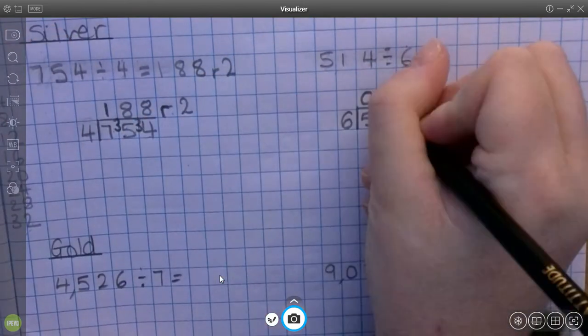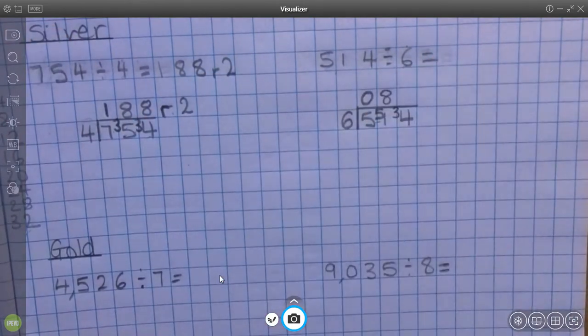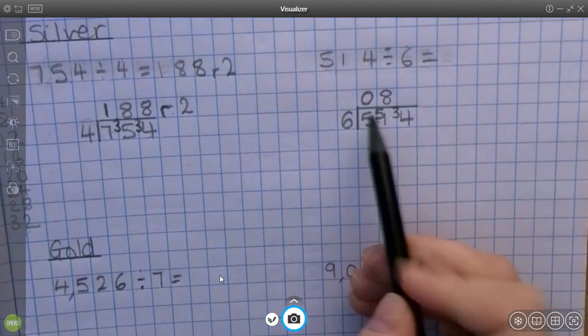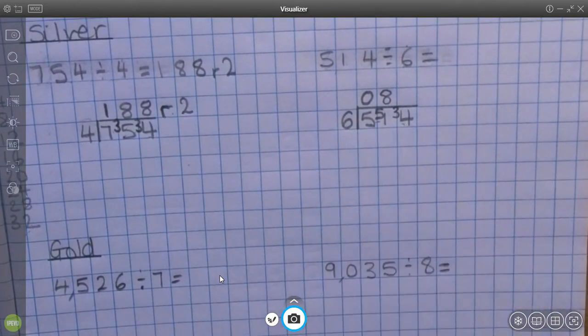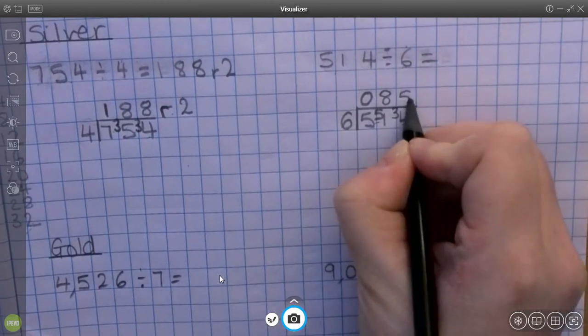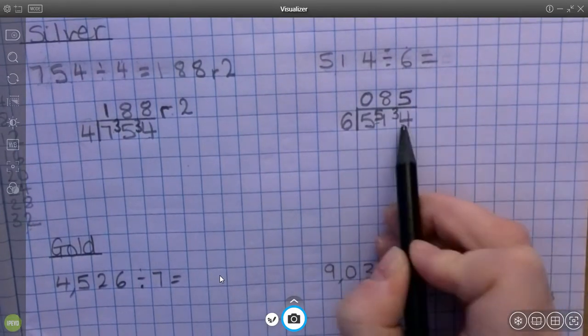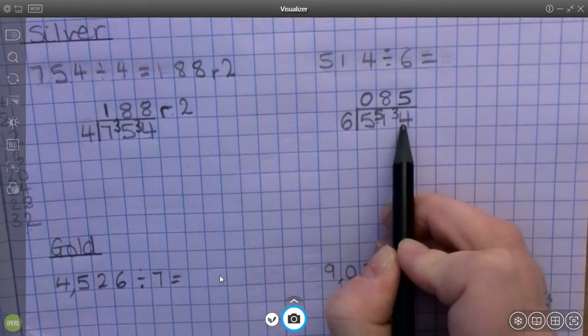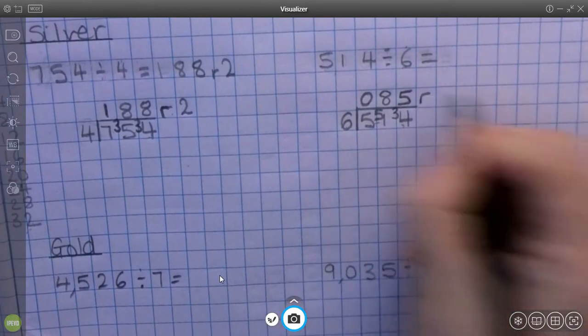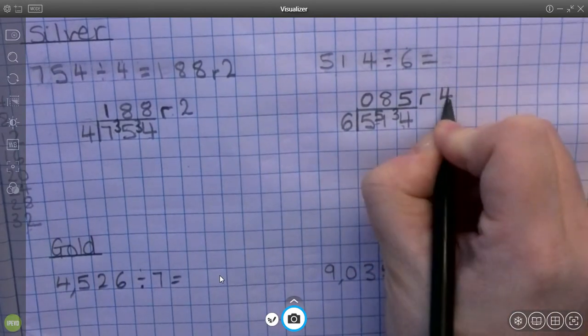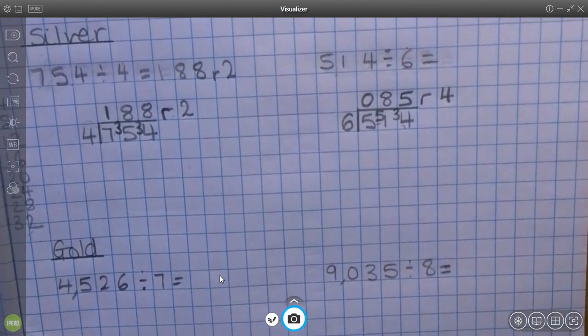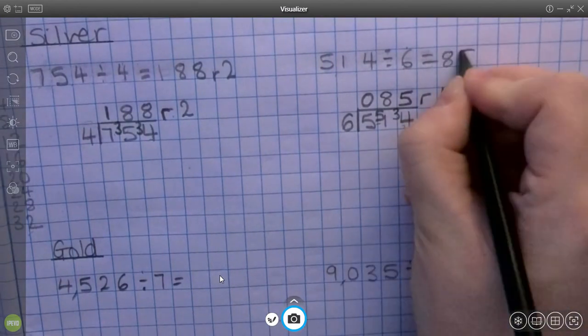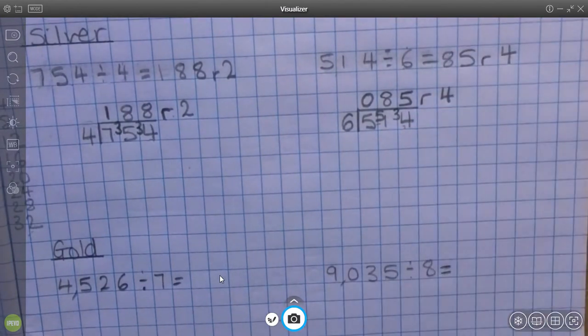I've got 3 left over, so I need to regroup that 3. How many groups of 6 can I get out of 34? Well, I just worked out that 5 times 6 is 30. So I can get 5 groups of 6 for 30. But I had 34, so how many did I have left over? I had a remainder of 4. Okay, so my answer is 85, remainder 4.